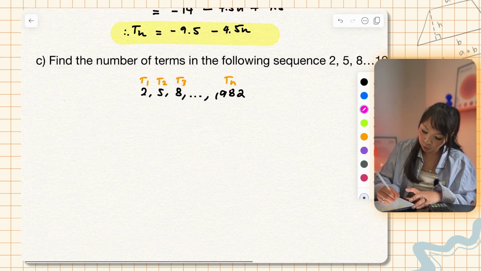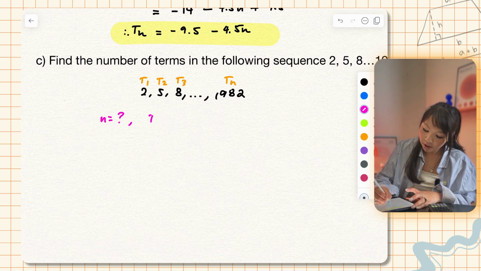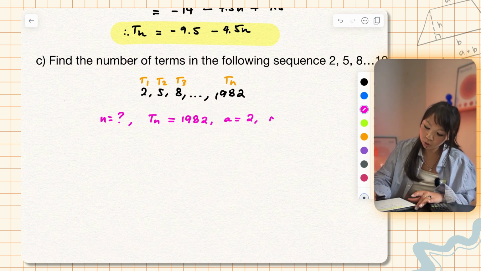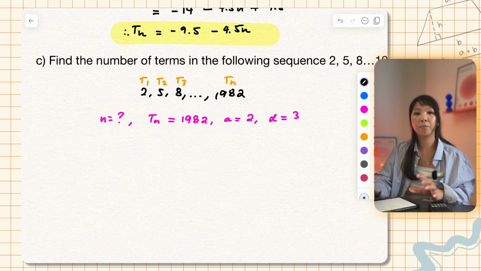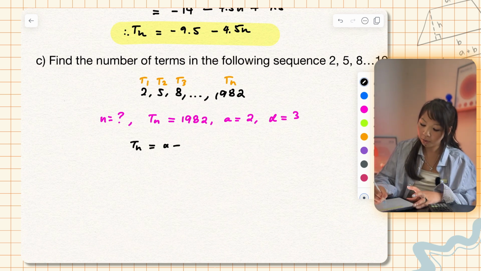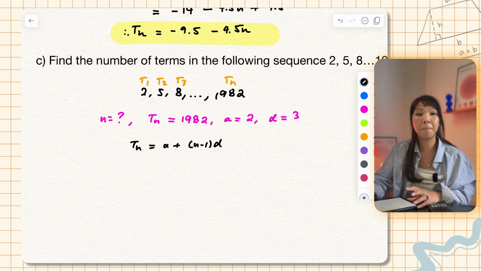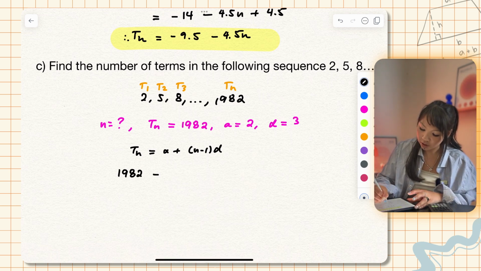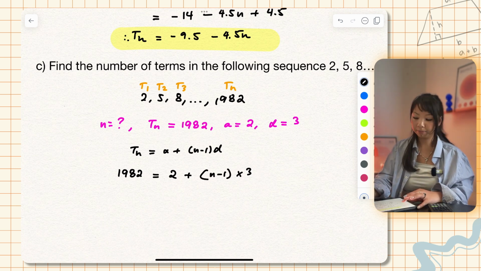So our job is to look for the n value that corresponds to the term of 1982, given that a is 2 and the common difference is 3. So we're still going to plug it into the same nth term formula, but we're just going to have to rearrange it to make n the subject. So the term itself is 1982, our first term is 2, n minus 1, and our difference is 3.